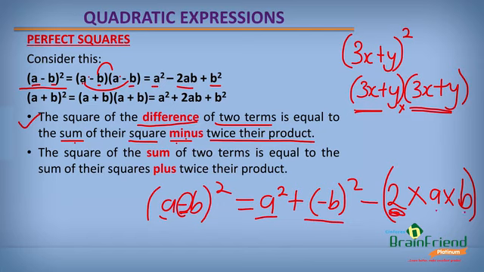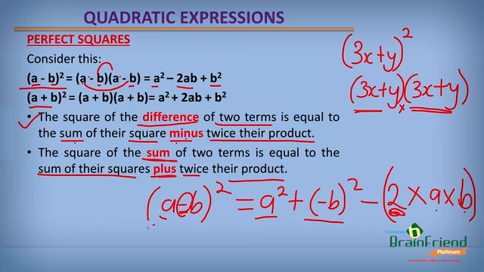And the same thing applies for the positive one, a plus b all squared. The square of the sum of two terms is equal to the sum of their squares plus twice their product.